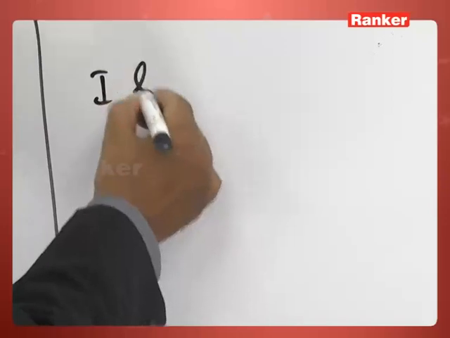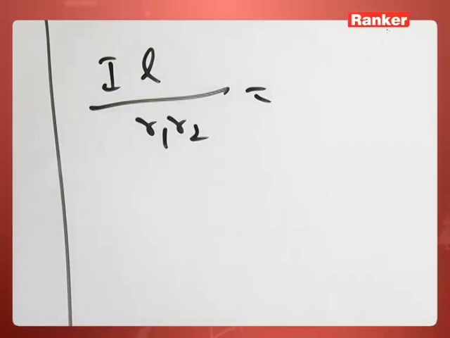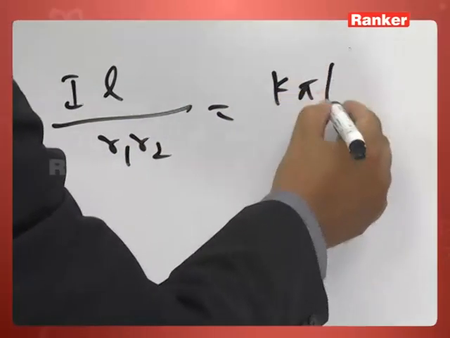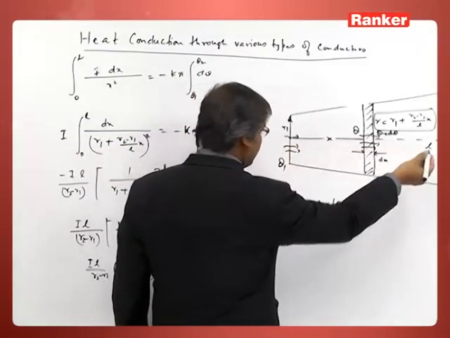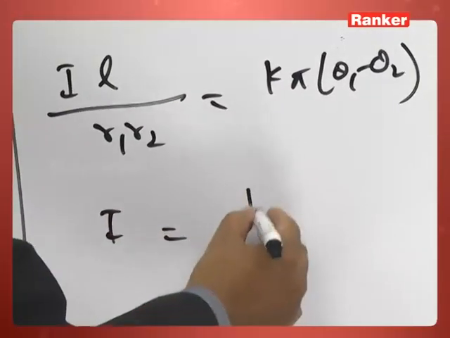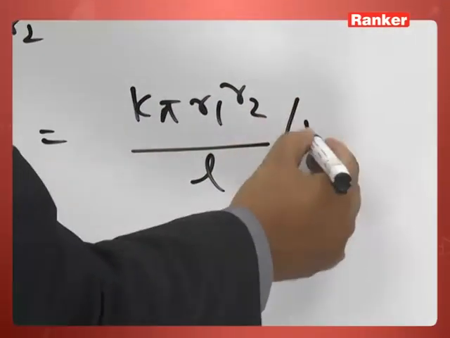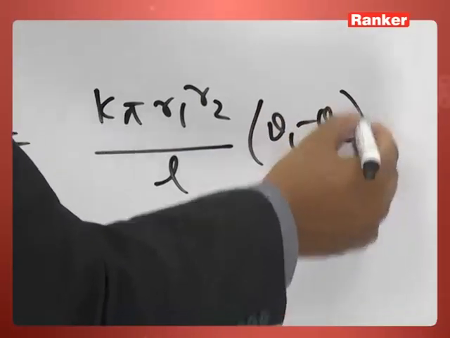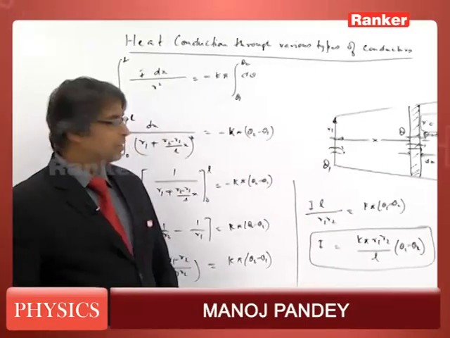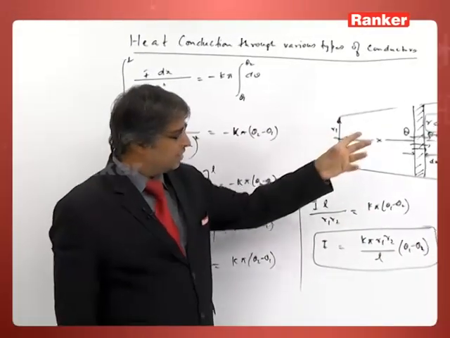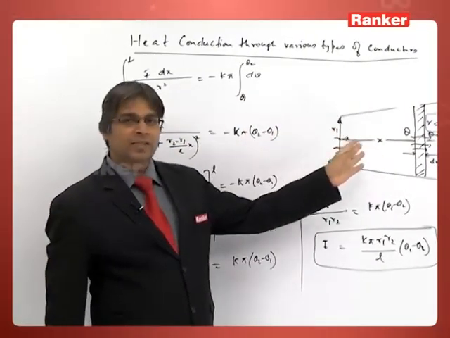So, I have I L by r1 r2, I will put this minus here, that is k pi theta 1 minus theta 2. Now, this becomes positive because heat flows from higher temperature to lower. So, I will be k pi r1 r2 by L into theta 1 minus theta 2. Thus this is the rate at which heat is transferred from this truncated or uniformly varying cross sectional cylinder.